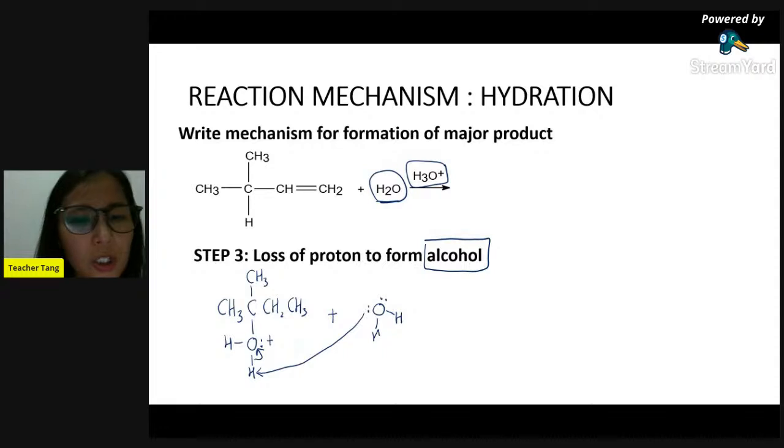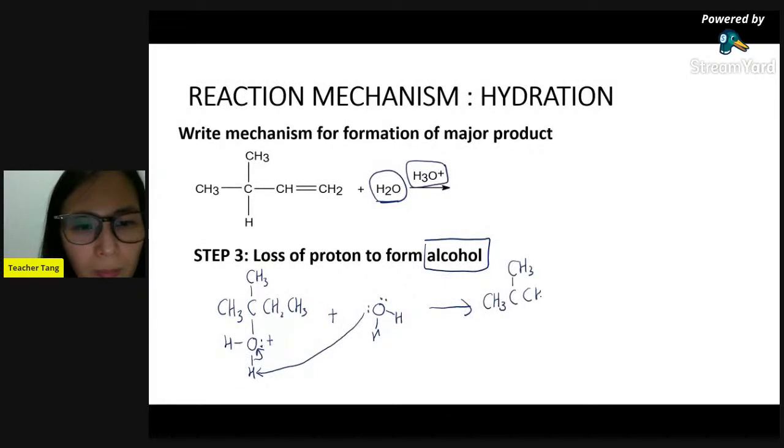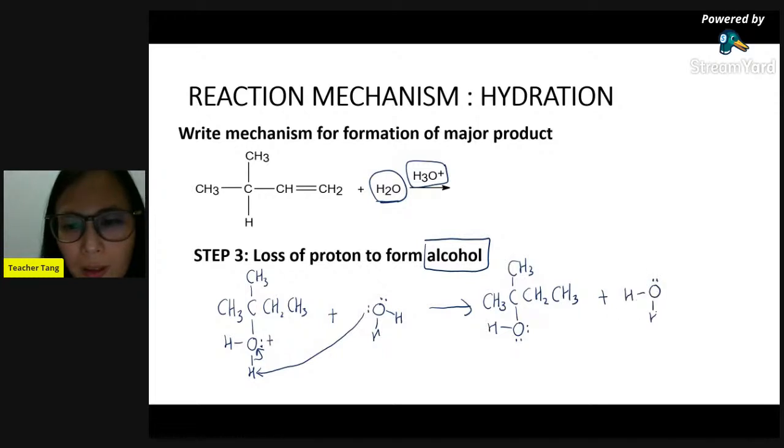Then what you get is the alcohol, and also H3O plus.